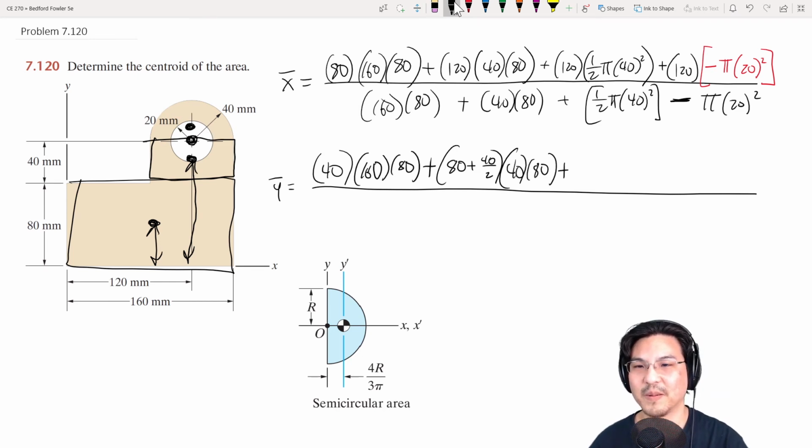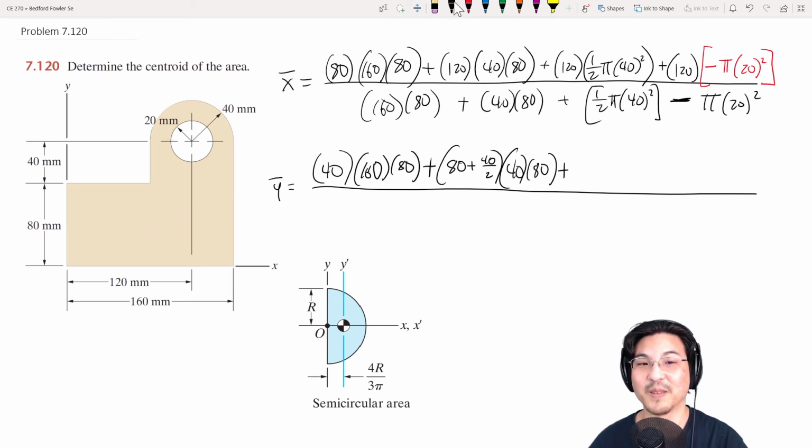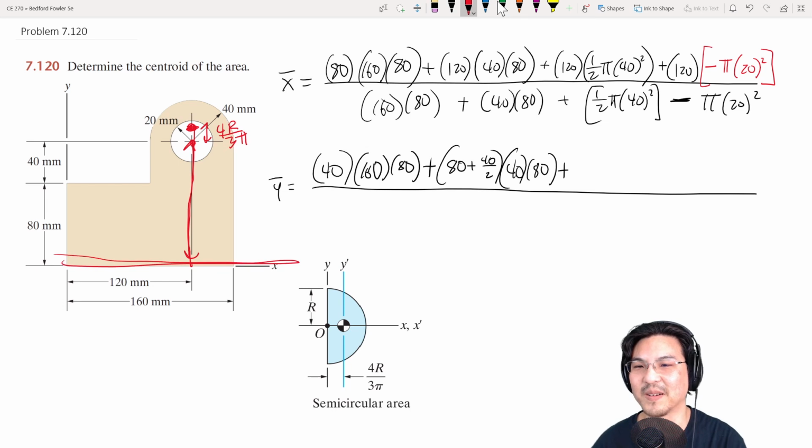Plus, maybe let me clean this up a little bit, the semicircle. The centroid of the semicircle is right around here, where here to here is 4r over 3 pi. But notice that we need 120 plus 4r over 3 pi to get us from the x-axis down here to up here.